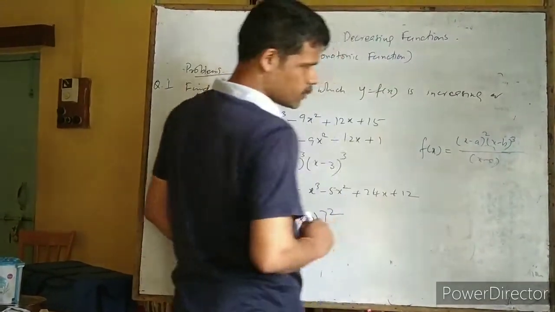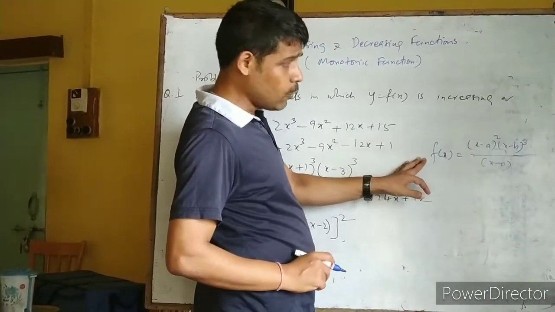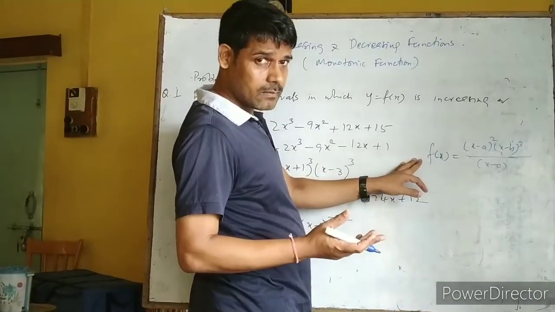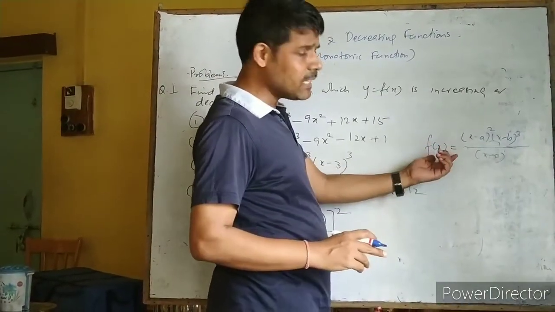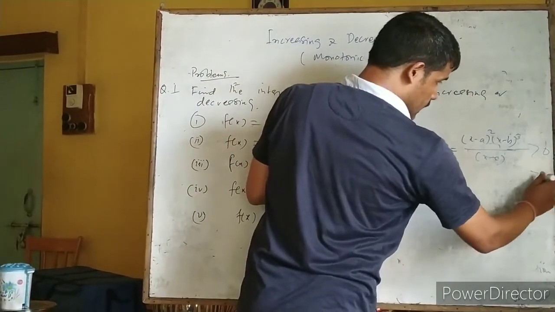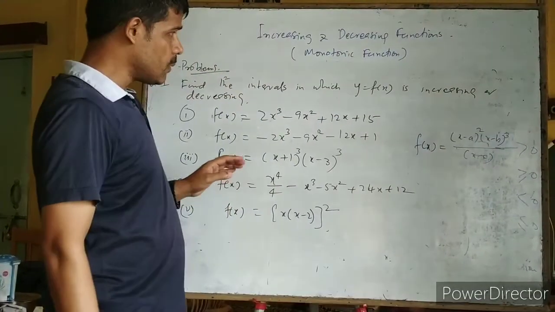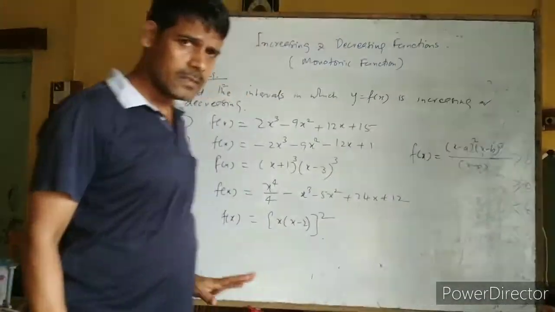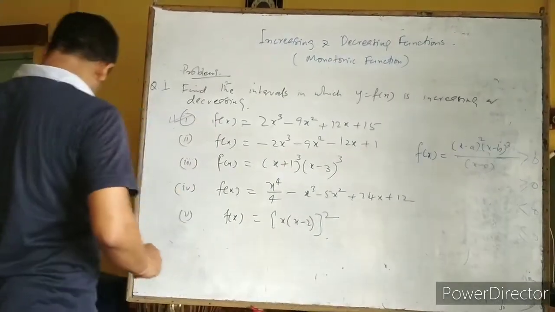We can always talk about its value, whether it is greater than 0 or less than 0. So we can find the interval in which it is greater than 0, greater than or equal to 0, less than 0 or less than or equal to 0. We know this idea, and now we will be using it.